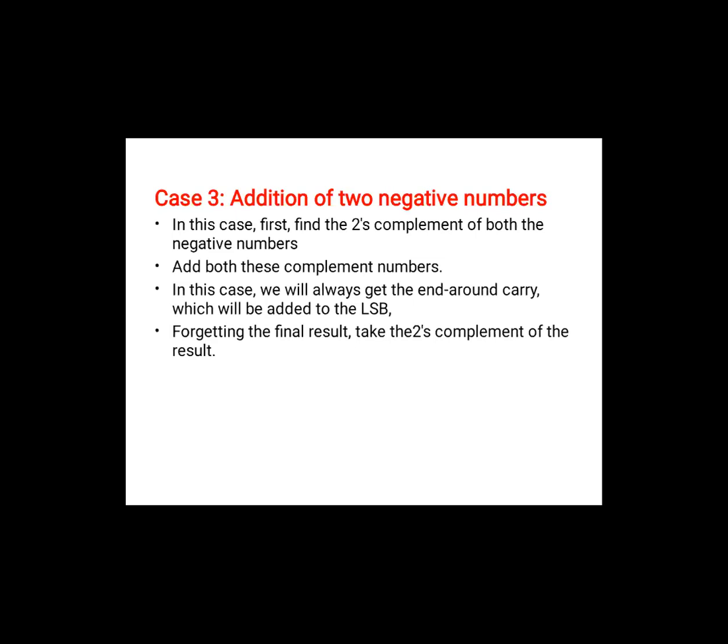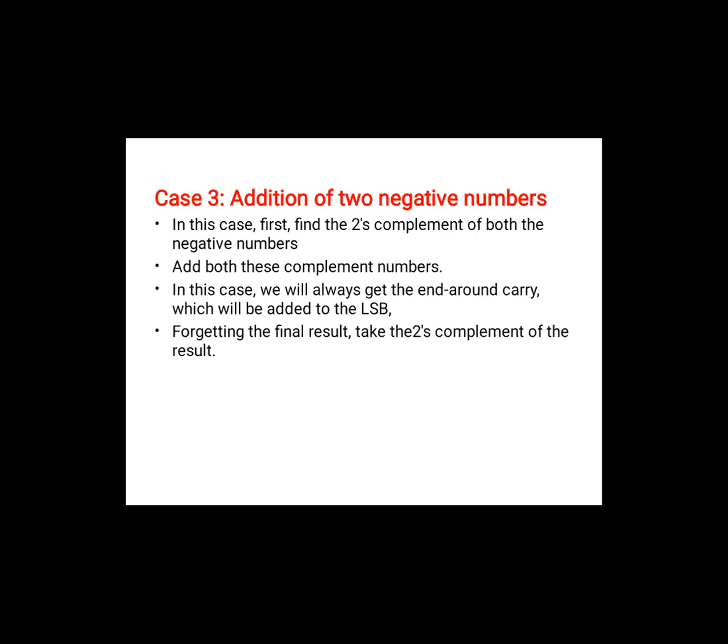Now I add both these complement numbers. Here there will be two cases. If we get an end around carry, it will be added to the LSB. And whatever is my final result, take the two's complement of the result.